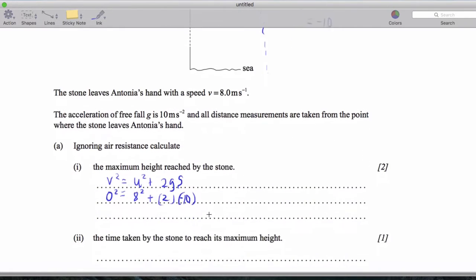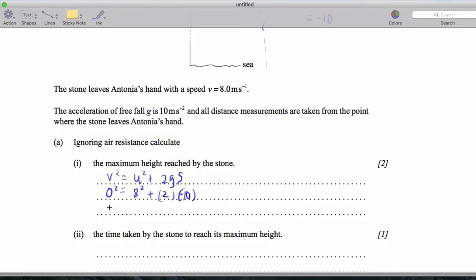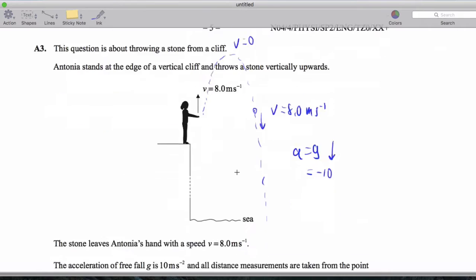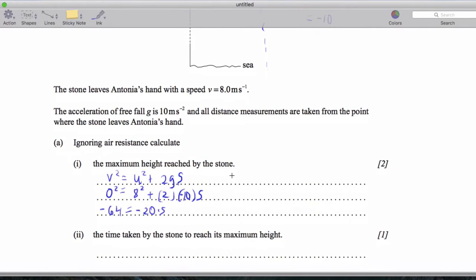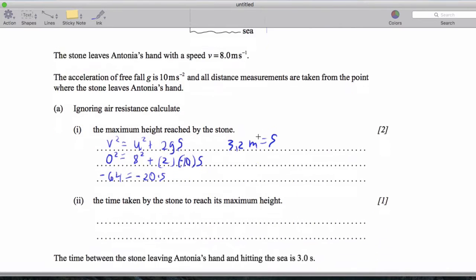So we're going to have 0 equals 64 minus 20 times s, and we end up getting 3.2 meters equals s.